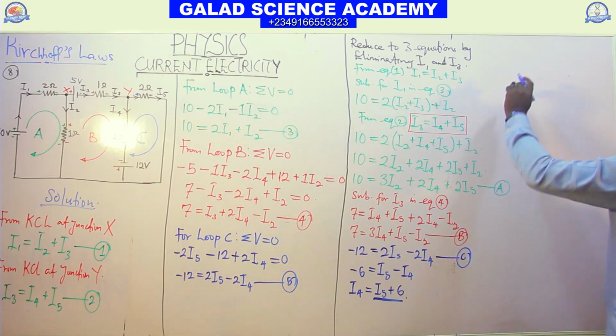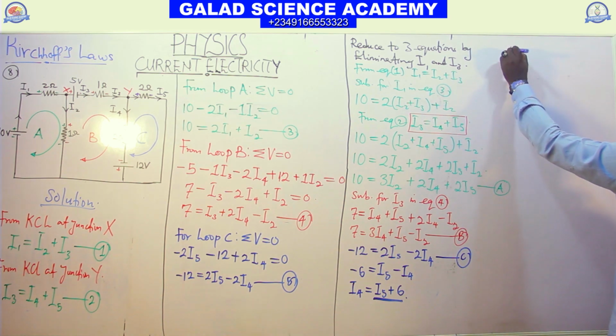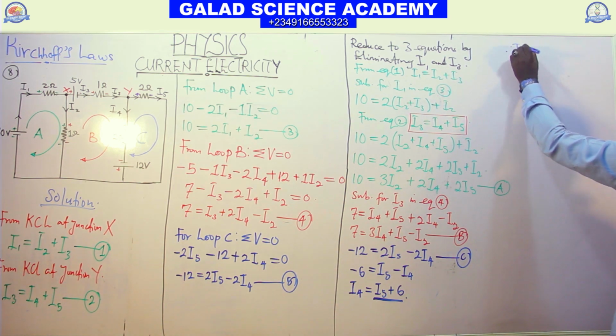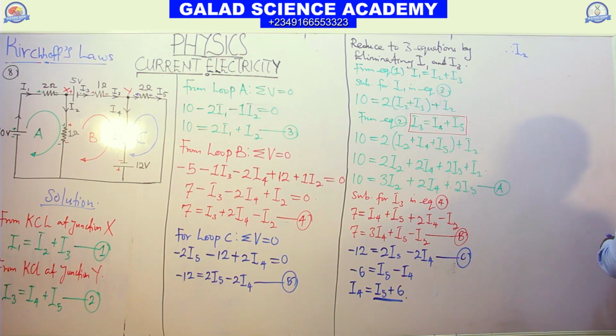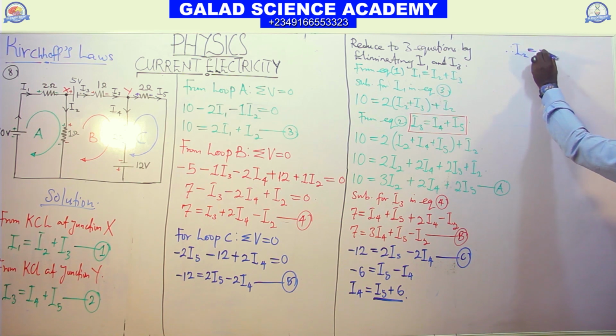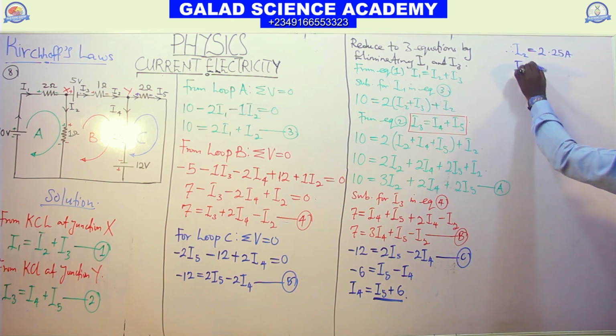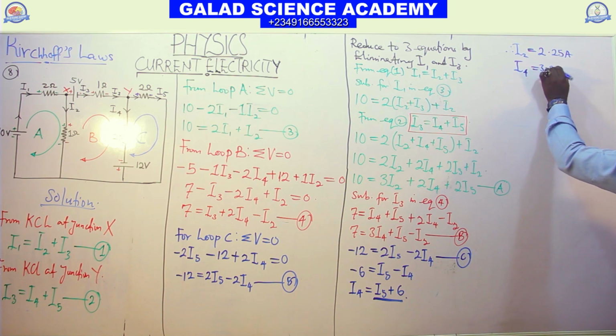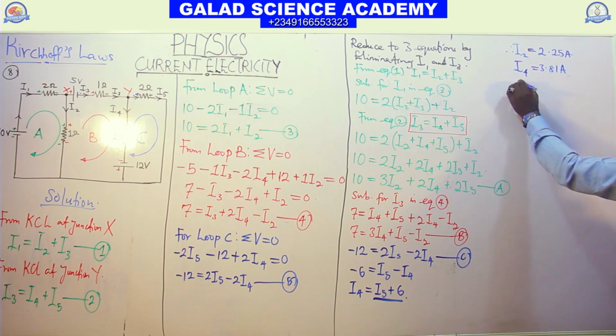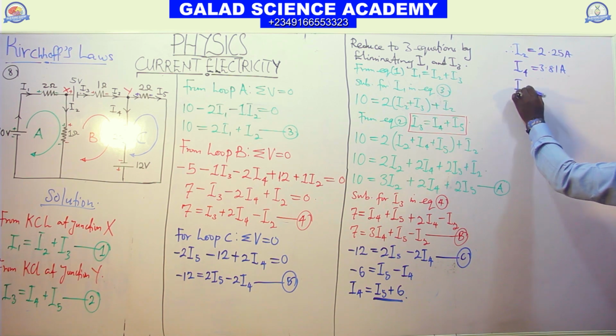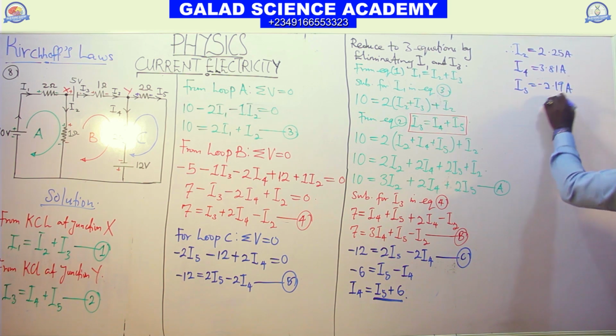For the current, by solving it, I2 should end up to 2.25 ampere, I4 will end up to be 3.81 ampere, and I5 will be minus 2.19 ampere.